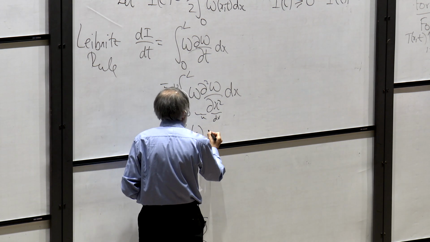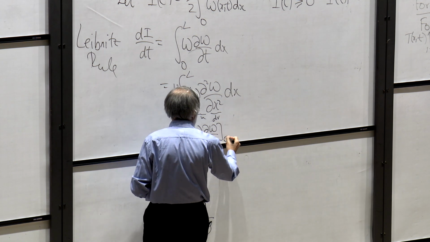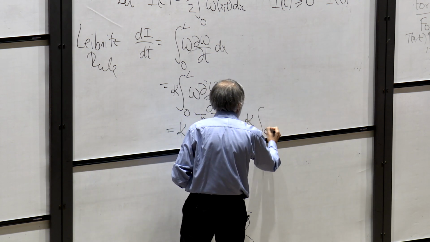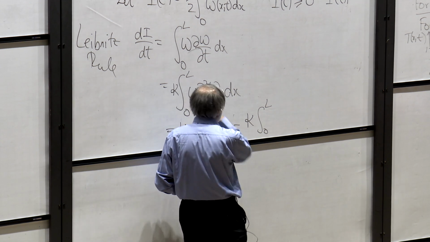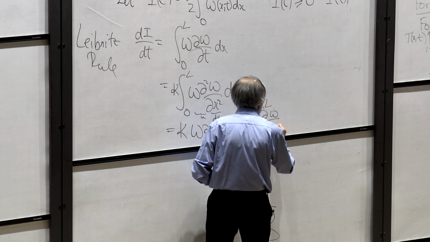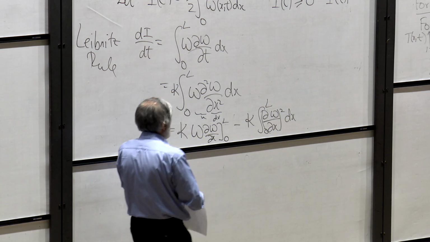So that's w dw/dx evaluated at 0 and L, minus kappa integral from 0 to L of dw/dx squared dx.